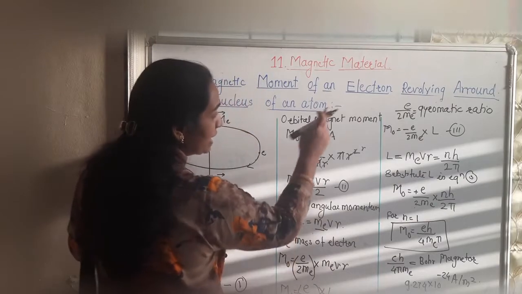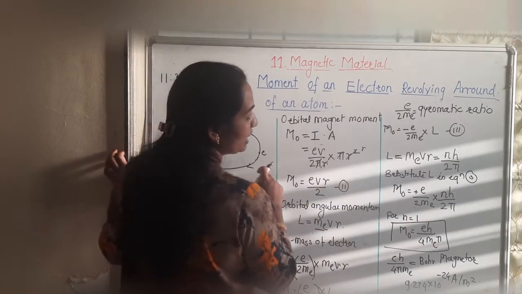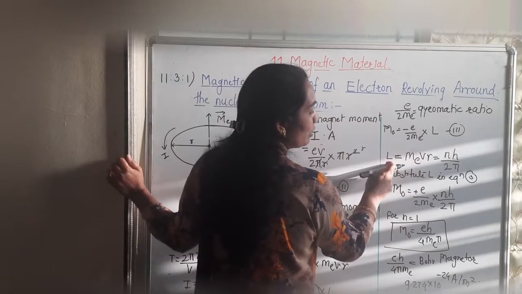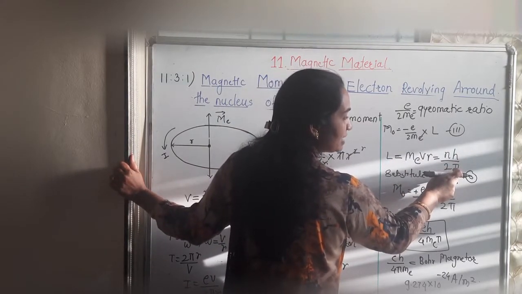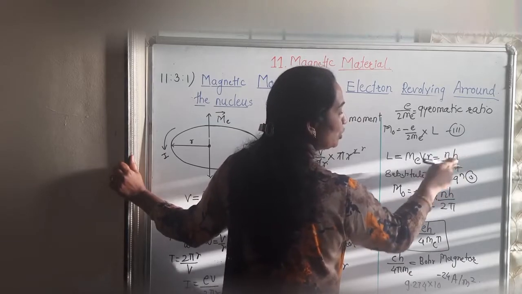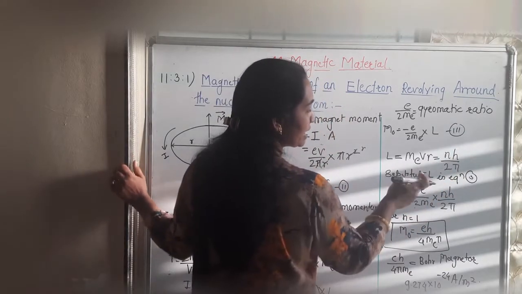When these electrons revolve around the nucleus, the angular momentum is equal to nh upon 2 pi, according to the second postulate of Bohr's theory.